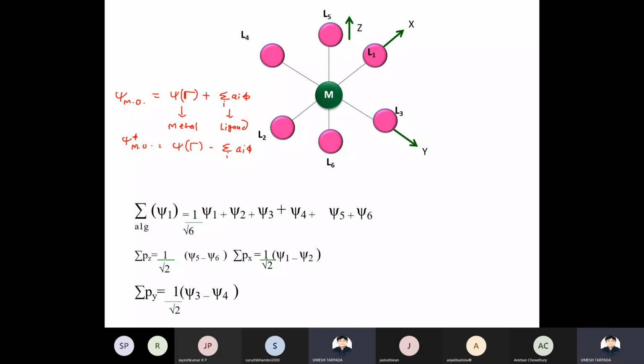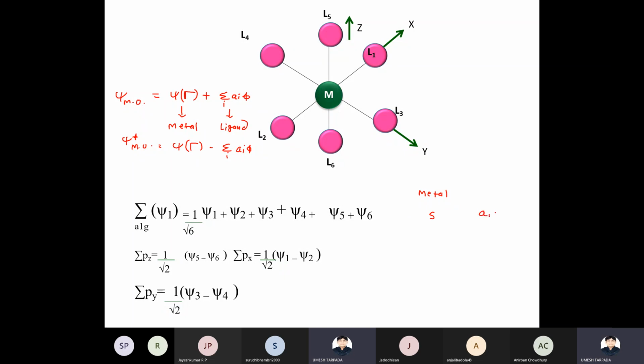Now, how do orbitals get transformed? First we go for the different orbitals of ligands and the metal orbitals. The metal orbital is an s orbital, where the ligand group orbital has the symmetry label A1G.